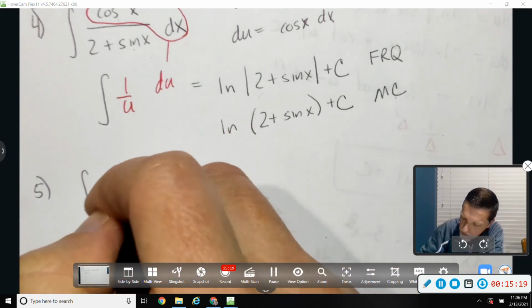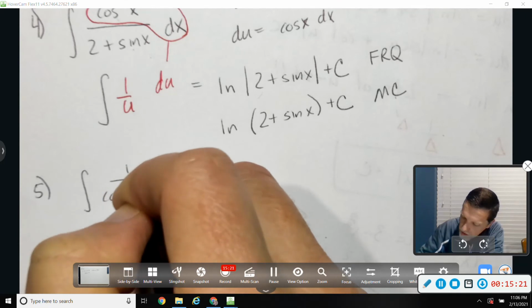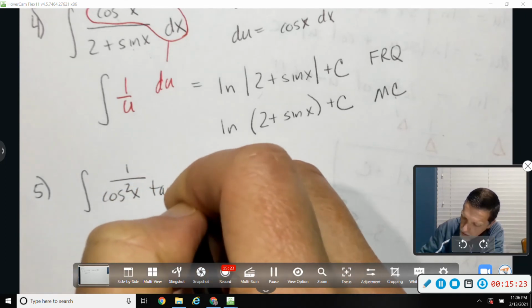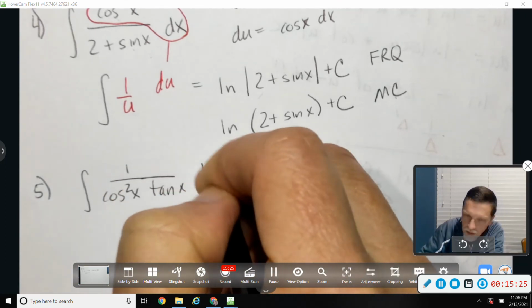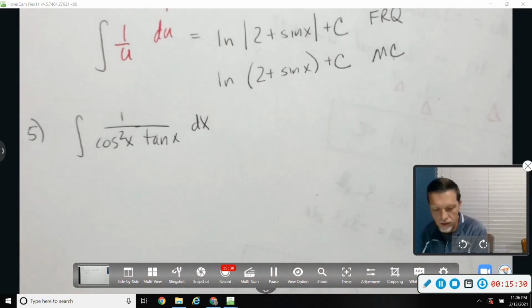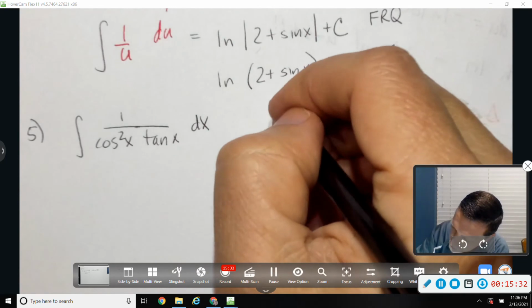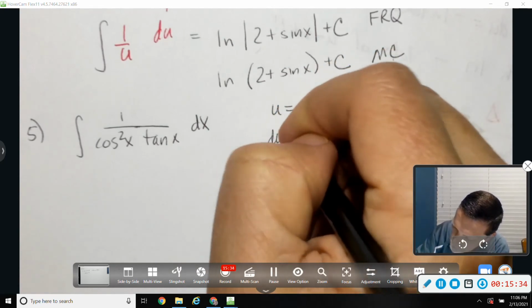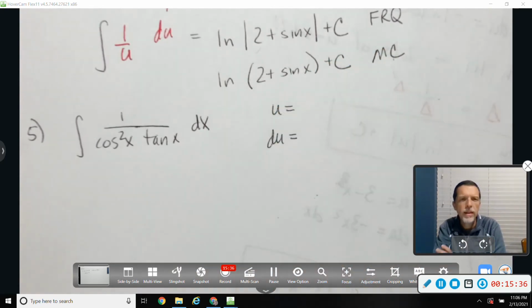Number 5. 1 over cosine squared x times tangent of x, all in the denominator. Well, now we have to really be careful about u and du. And let's see, derivative of cosine is negative sine. That doesn't really help.